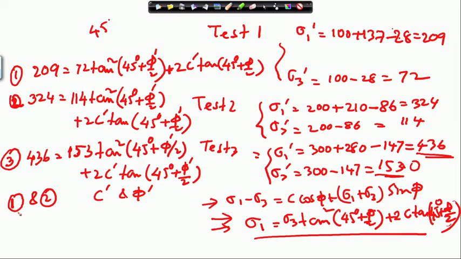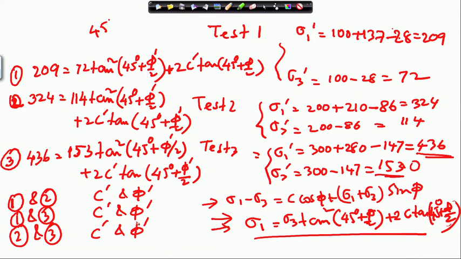Then similarly, I can do 1 and 3, I will get another c dash and phi dash, and then 2 and 3, from there also I will get another set of c dash and phi dash.